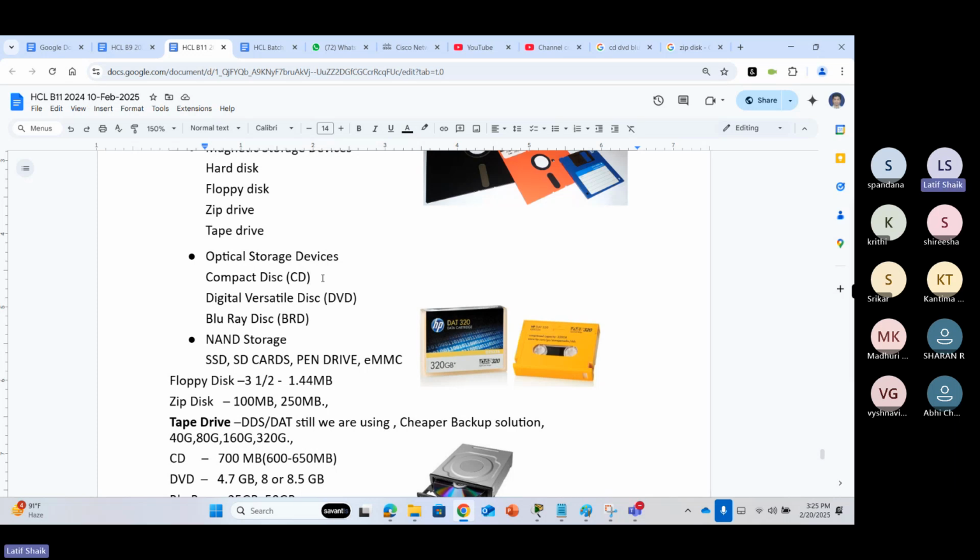Then CDs and DVDs became famous in the market. Blu-ray came. Blu-ray is very costly. The disc cost is there, the writing cost, the reader's cost is there. But in the meantime, pen drives became more famous than this.